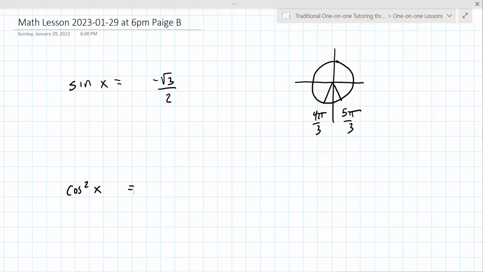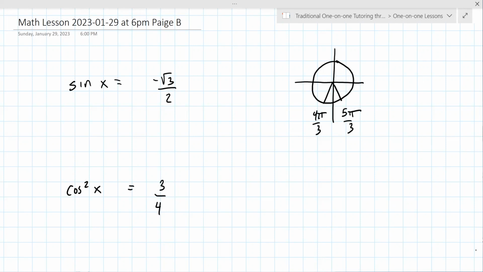All right, give me just a moment to find some problems. Okay, so here's one, cosine squared x equals 3 over 4. Okay, this is what I was looking for.